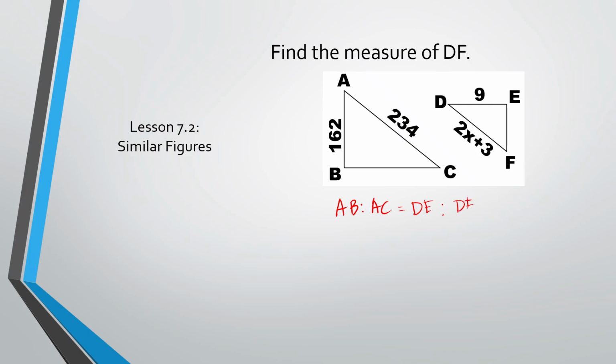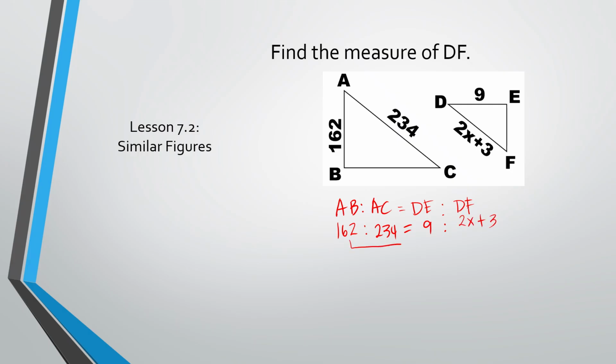Now, what is AB here? The AB in the given here is 162, is to AC, which is 234, is equal to DE, which is 9, is to DF, which is 2x plus 3.